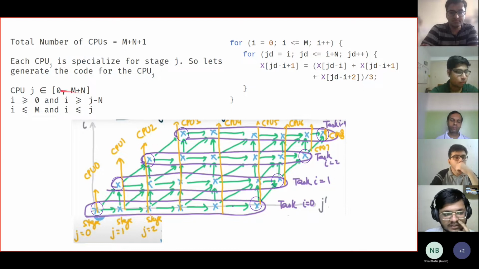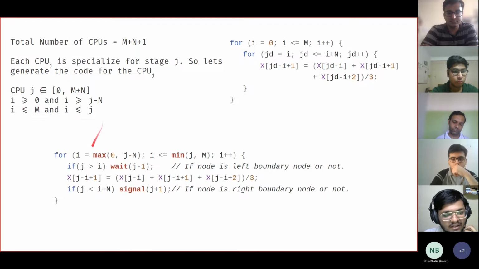After incorporating these inequalities, our starting bound of i becomes the max of 0 and j minus n, and the upper bound becomes the min of j and m.